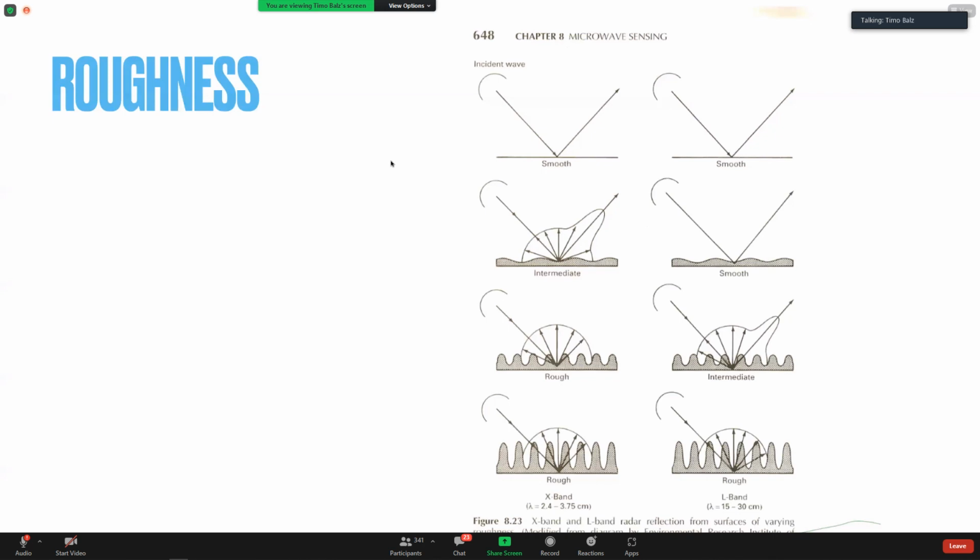And in relation to 3 centimeter wavelengths for X-band or 20 centimeter wavelengths for L-band, that is also something very different than the roughness in an optical sense, right? We have very different wavelengths to deal with. So things that are clearly rough in an optical sense can be very smooth for an X-band system, and even more so for an L-band system.